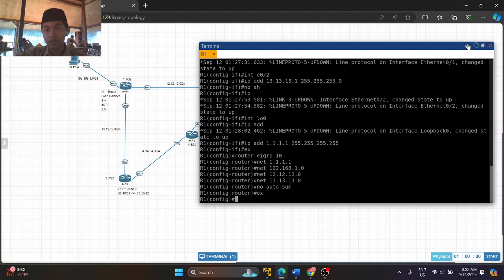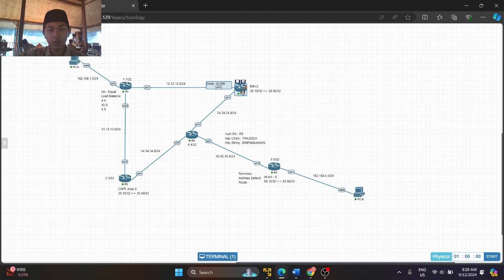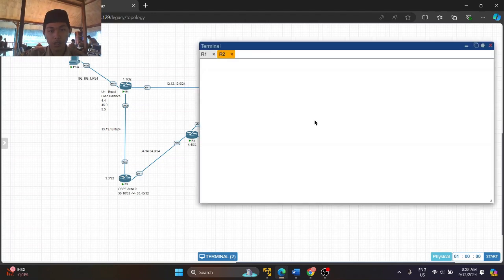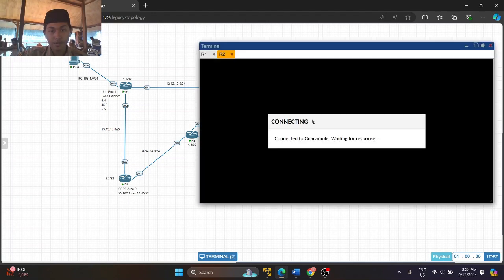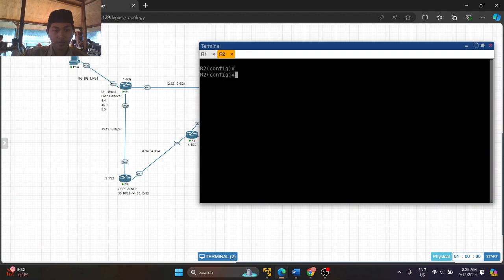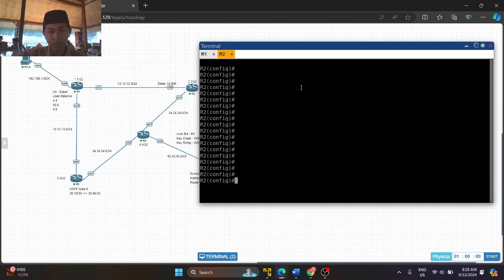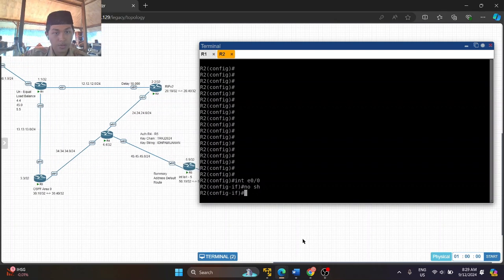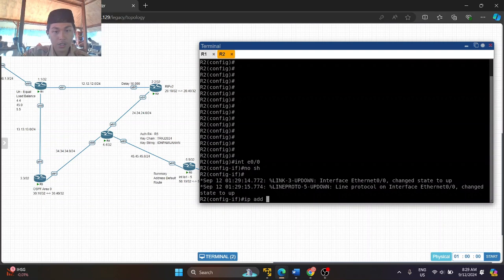Okay, first step, let's configure router 2. Interface E0/0, no shutdown. IP address 12.2, the net mask.